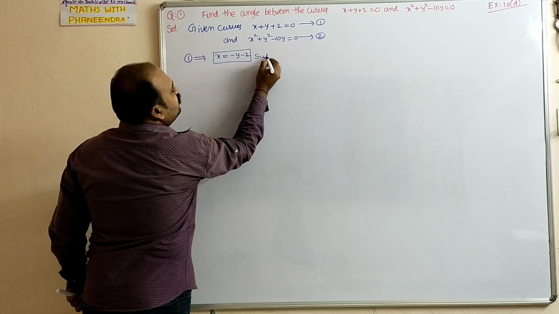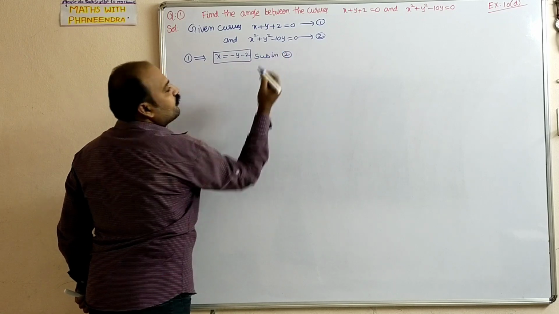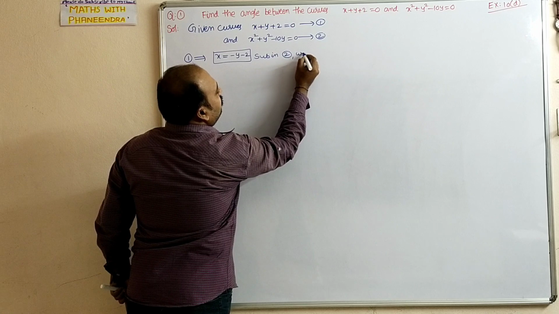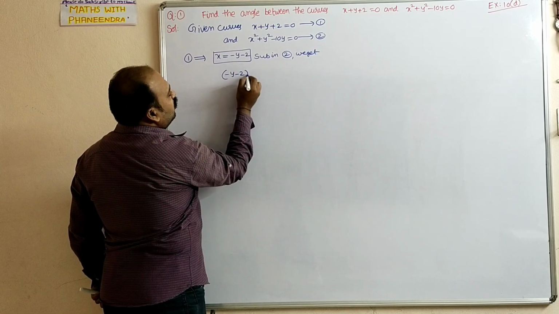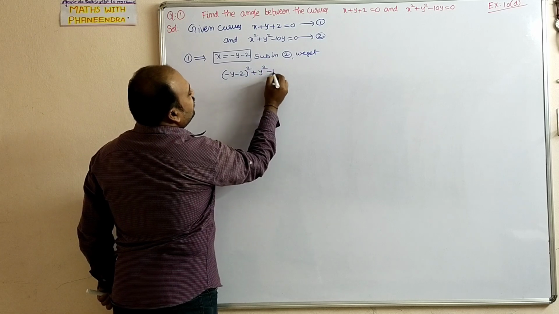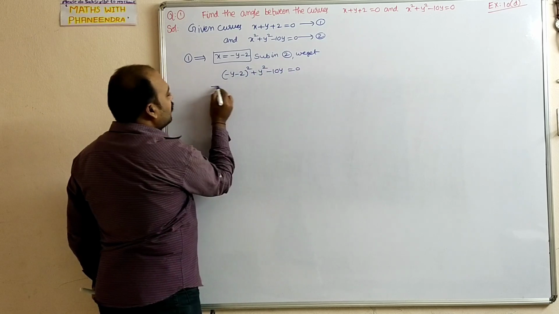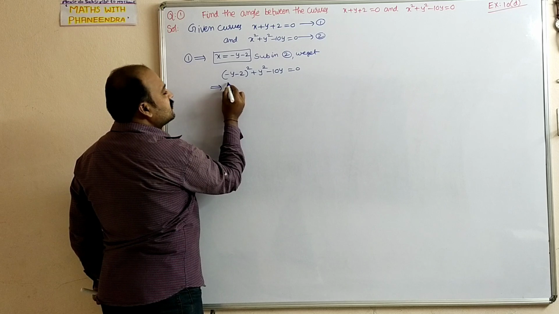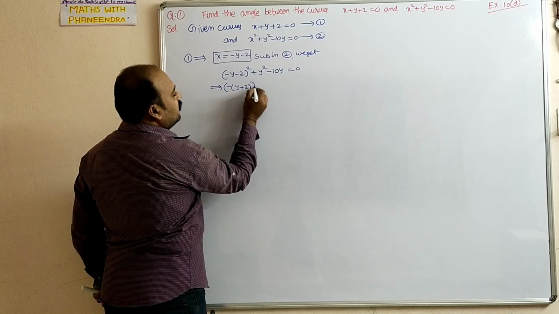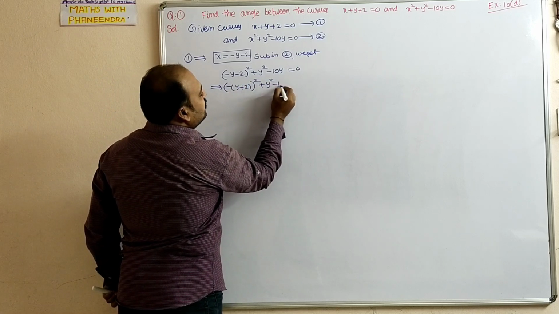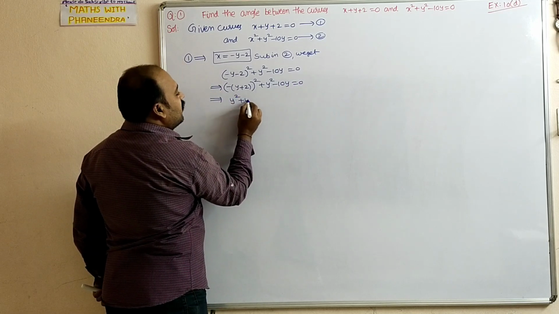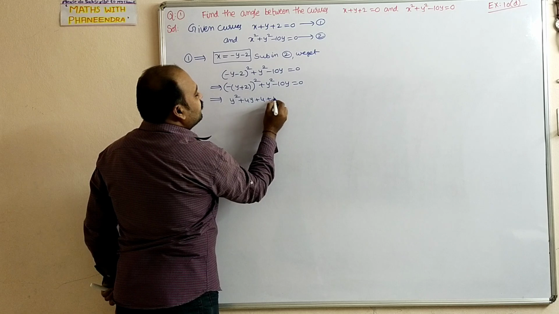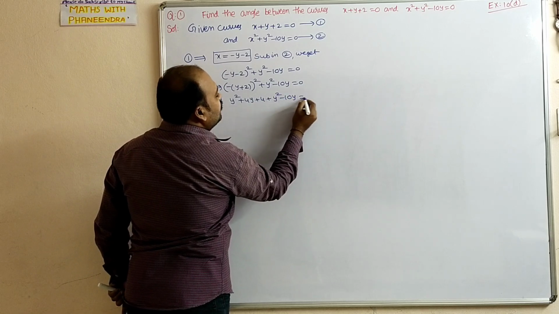This value substitute in equation 2, we get minus y minus 2 whole square plus y square minus 10y equal to 0. So minus of y plus 2 whole square plus y square minus 10y equal to 0. So y square plus 4y plus 4 plus y square minus 10y equal to 0.